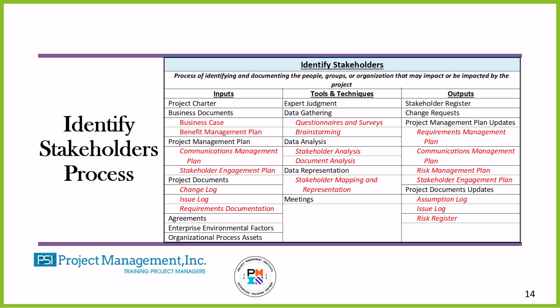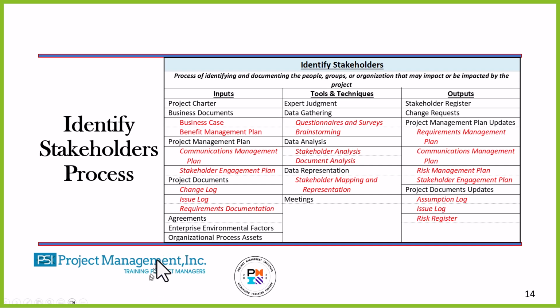We might have, for example, an agreement, a contract to do this project for someone else. That agreement may have, in fact, some contacts, some stakeholders, and so forth. Other than that, we don't have much information. You see a lot of inputs listed here, but guess what? They're not inputs at this point because it's too early in the project.